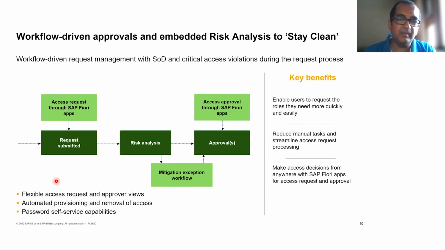Once the request is submitted, the risk analysis is done by the system. In case there are certain segregation of duties violations which have been encountered, then a workflow automatically gets triggered to the right set of people. This can go to multiple people as well.